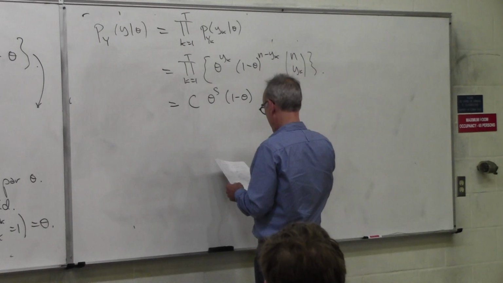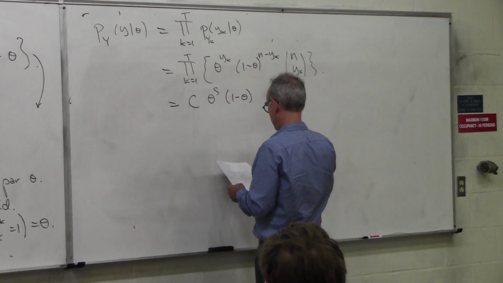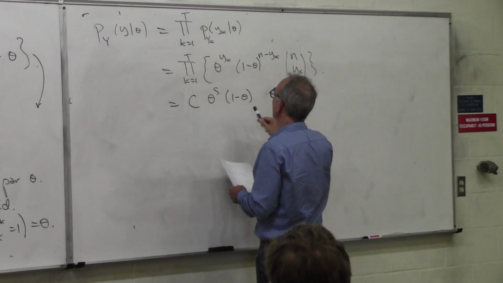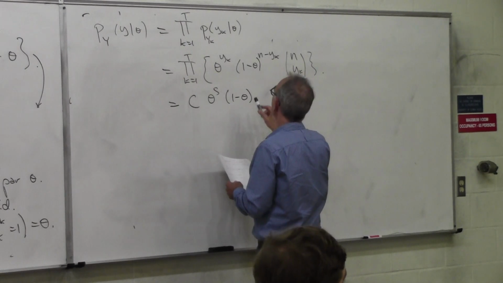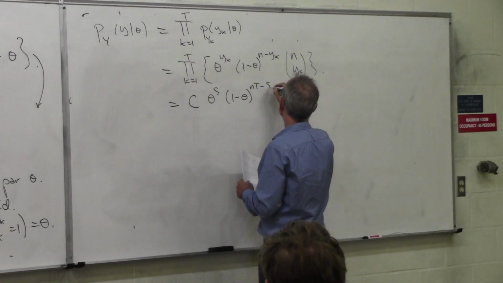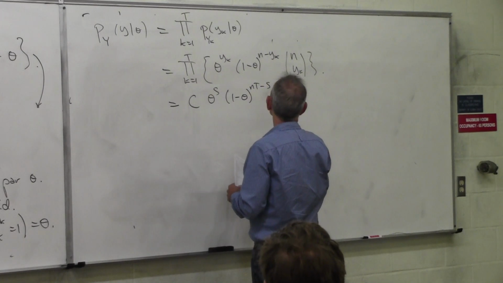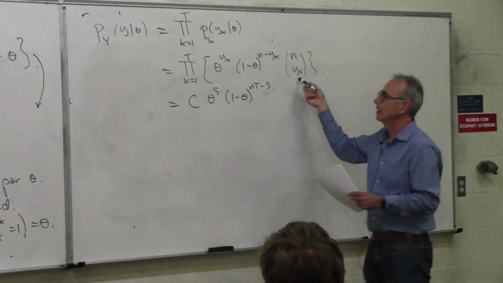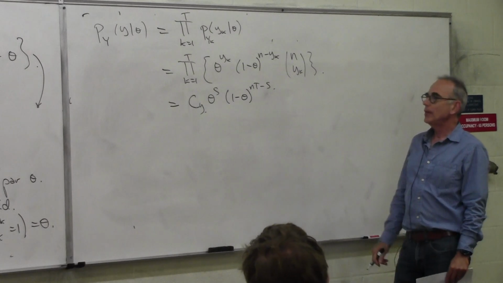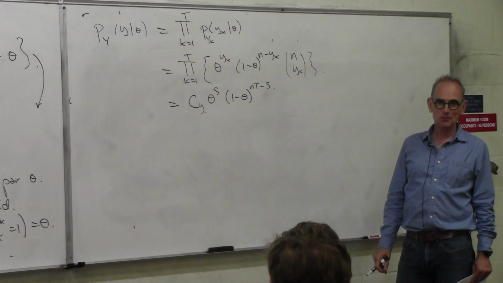Is that right? Yeah, so it's S. Thank you. And this C here just depends on y, but who cares? All right, and then you take logs again, and you take derivatives.